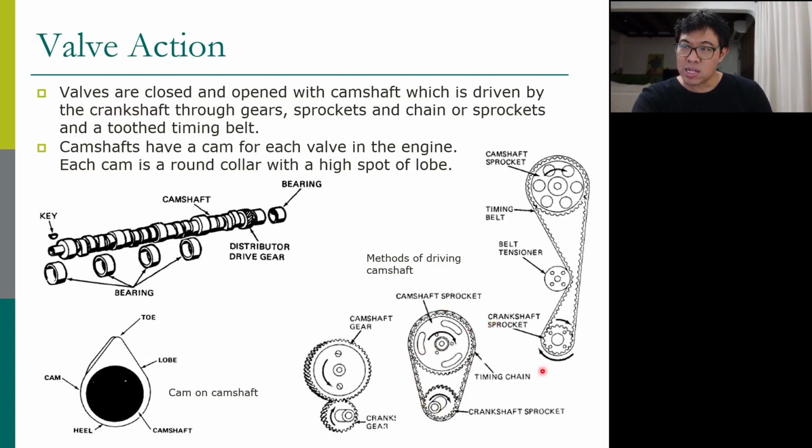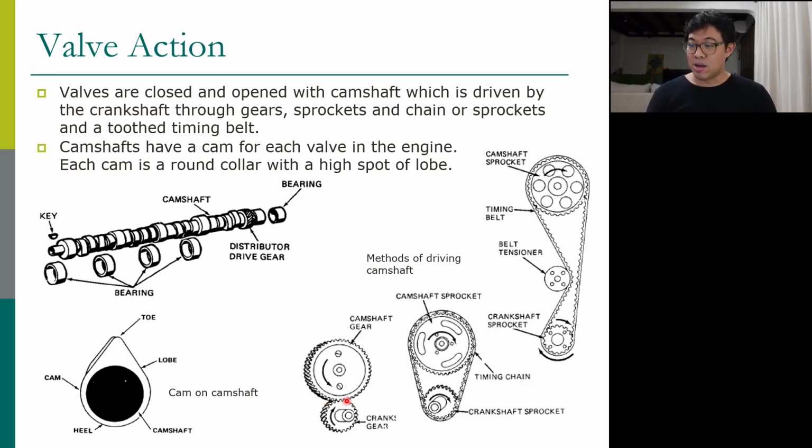You can also connect the two by belt. We call it a timing belt. One sprocket on the crankshaft and one sprocket on the camshaft. Now, when you connect the two, you want to control the position of the valve and the piston, right? Therefore, when you connect, you cannot allow any slip between the two sprockets.